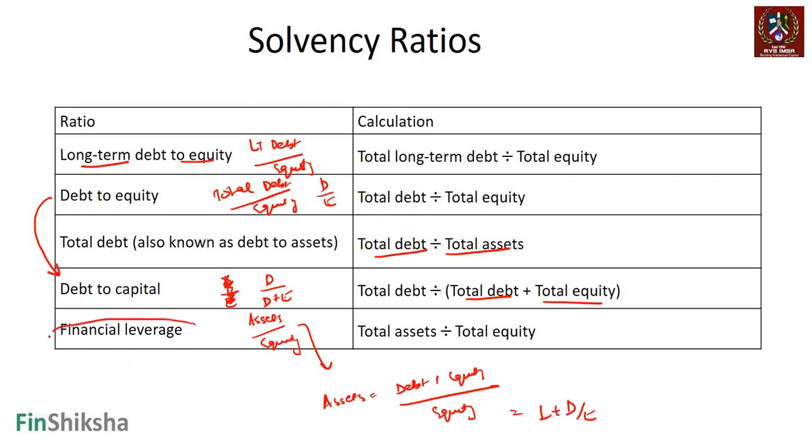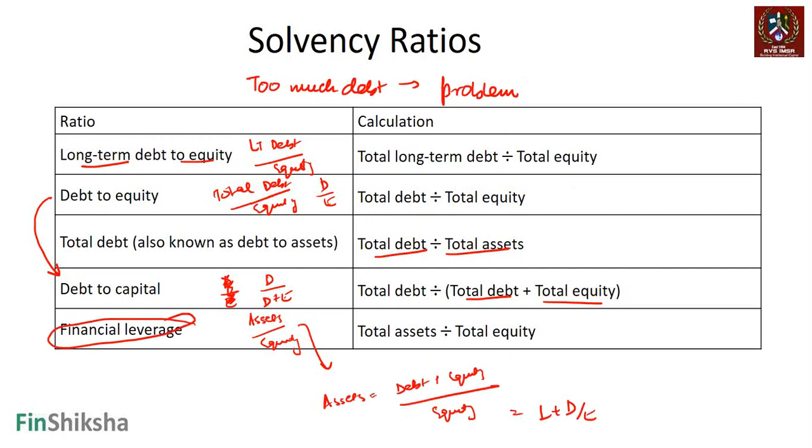That's called the financial leverage ratio, right? All this basically means that if a firm has too much debt, it is a problem. You may not be able to repay all that money so easily. So you do not want your debt to equity ratios to be significantly higher.